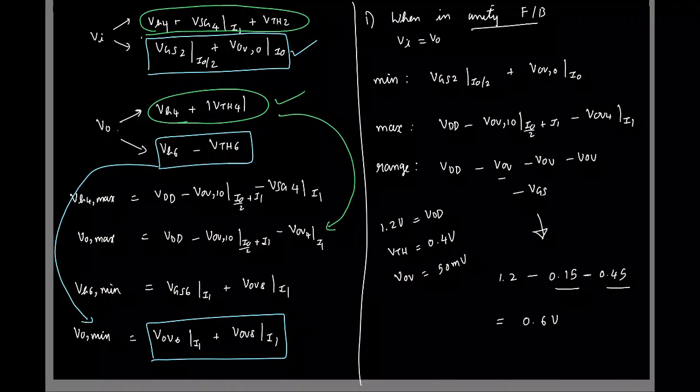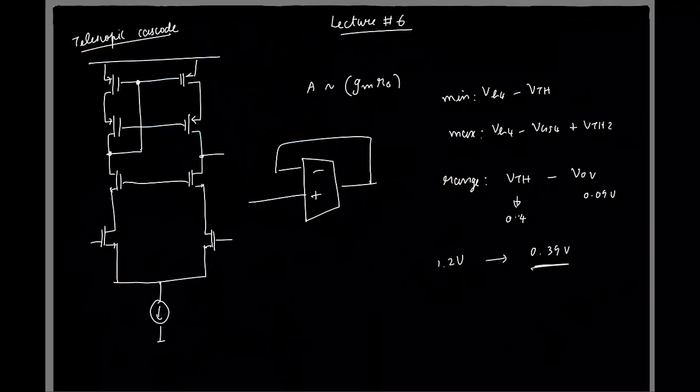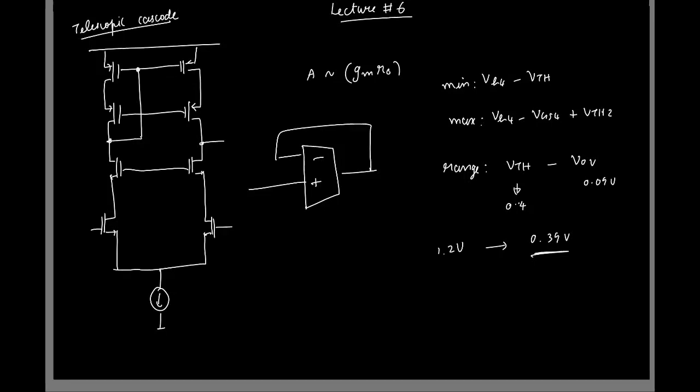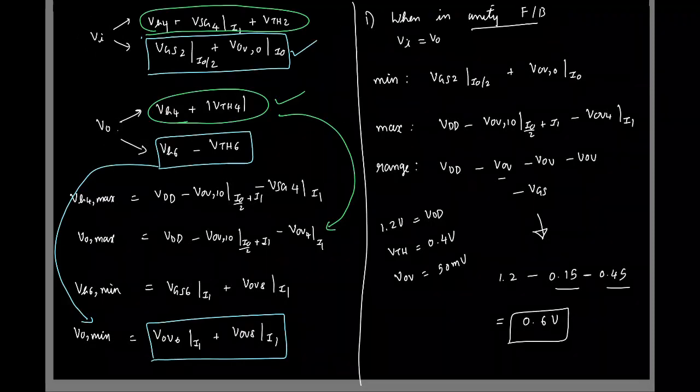Okay. But in the earlier case, if you see, we had only 0.35 when we just had the telescopic cascode. So roughly close to 2 times you have higher swing here. So that is one advantage with this folded cascode structure.